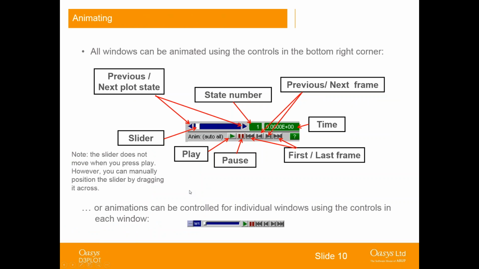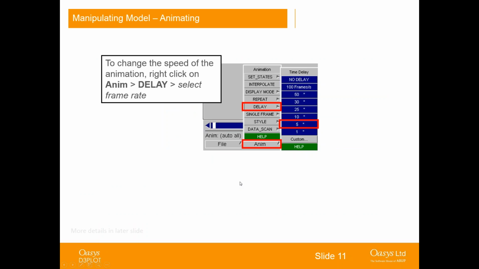For the animation menu, we can play, pause, and skip to any state. We can also scroll the slider to move to a state that we want. We can also type in the state number or the time that we want, and D3plot will take you to the nearest value. Animations can be delayed.